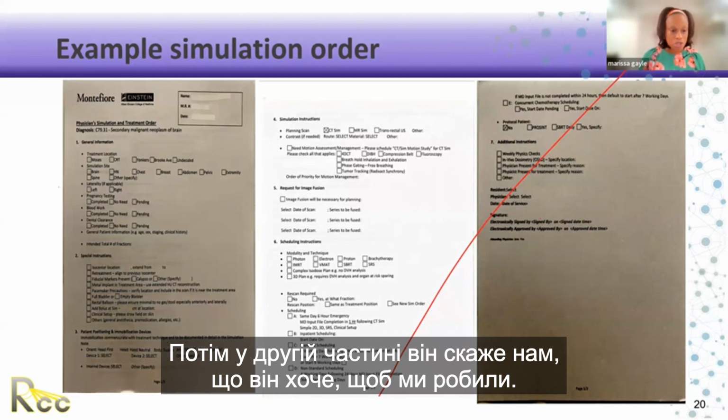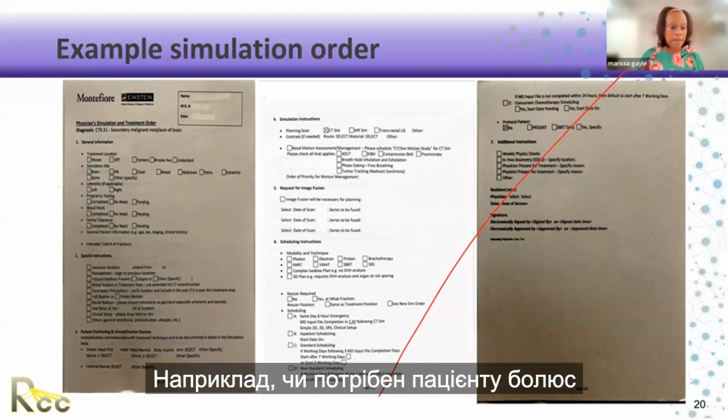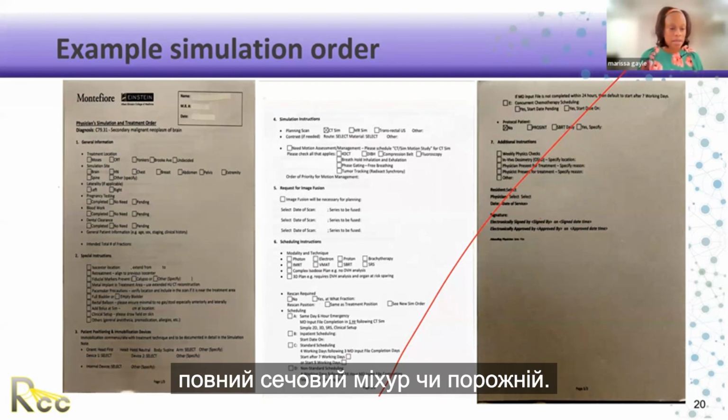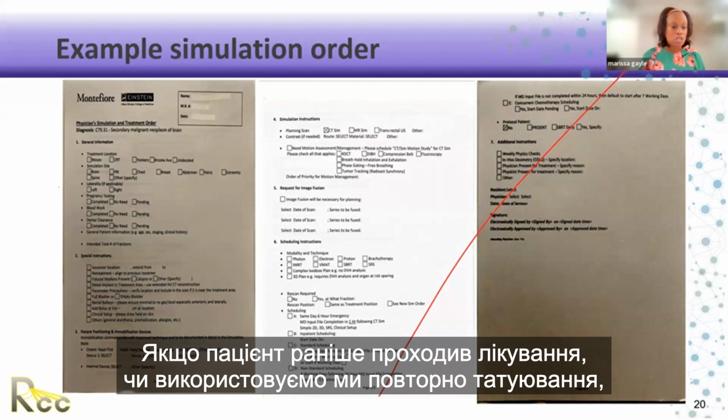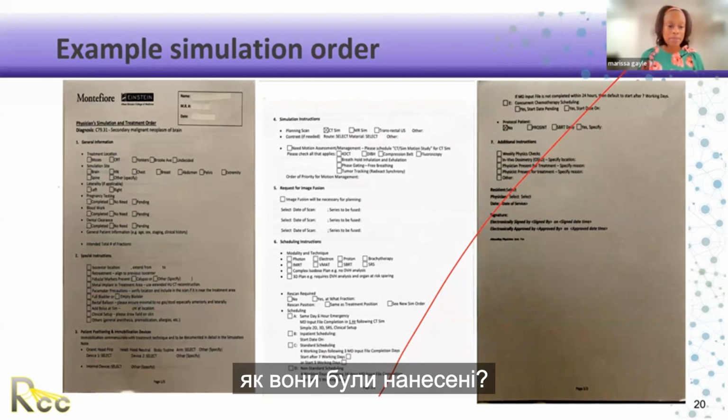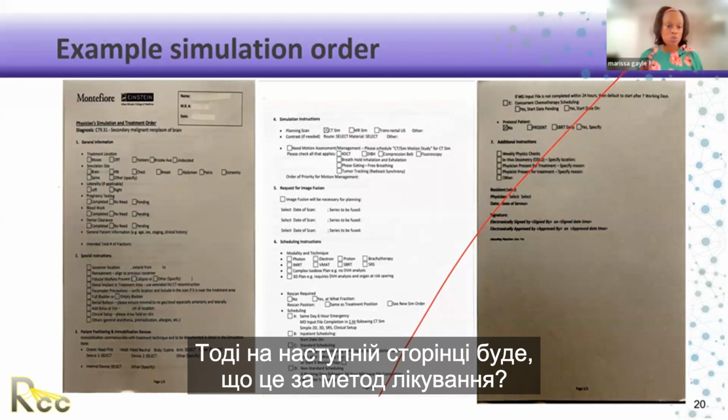Then the second portion of it will tell us what he would like us to do. Like if the patient needs bolus, if the patient needs to have a full bladder versus an empty bladder. If the patient had previous treatment, are we reusing tattoos that they already had placed? Then the next page will be what kind of treatment is it?